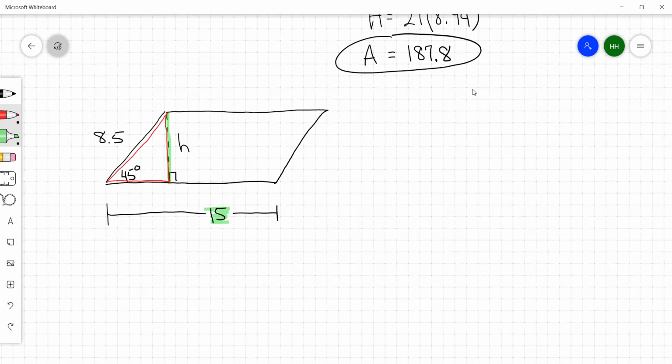Anybody remember the relationship between the hypotenuse and the leg of a 45, 45, 90? Exactly right. H times the square root of 2 equals the 8.5, right? So if H times the square root of 2 equals 8.5, how can you find the H?